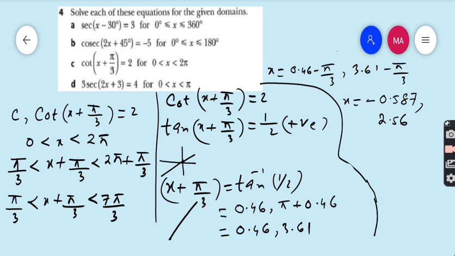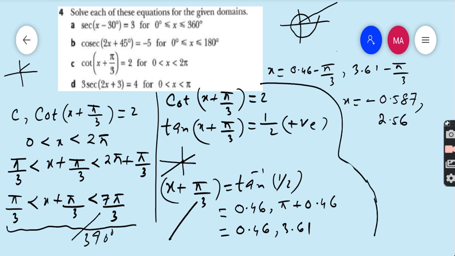Students, this is not our final answer because if you look carefully, the domain is from pi by 3, which is the first quadrant, to 7 pi by 3. 7 pi by 3 means again we will reach the first quadrant, because 7 pi by 3 means 390 degrees, so the first cycle is complete and this angle is also present in the first quadrant.